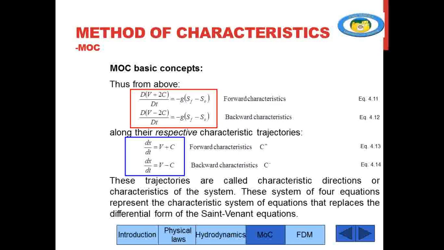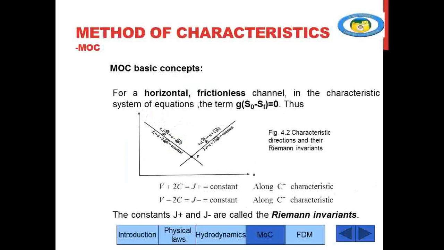So as you can see, the total derivative of v plus 2c dt, or of v minus 2c dt, are going to be 0 in that case. Then v plus 2c is going to be constant, and v minus 2c is going to be also constant.